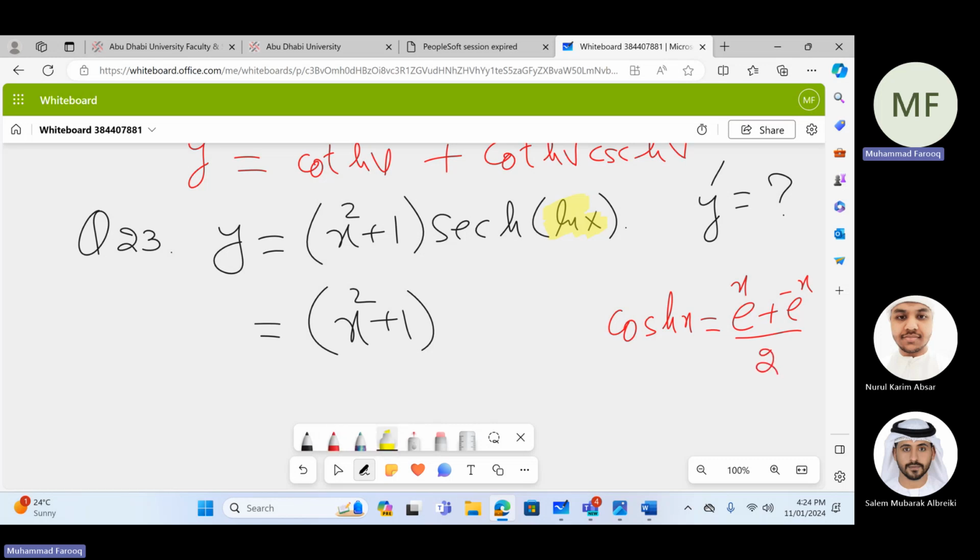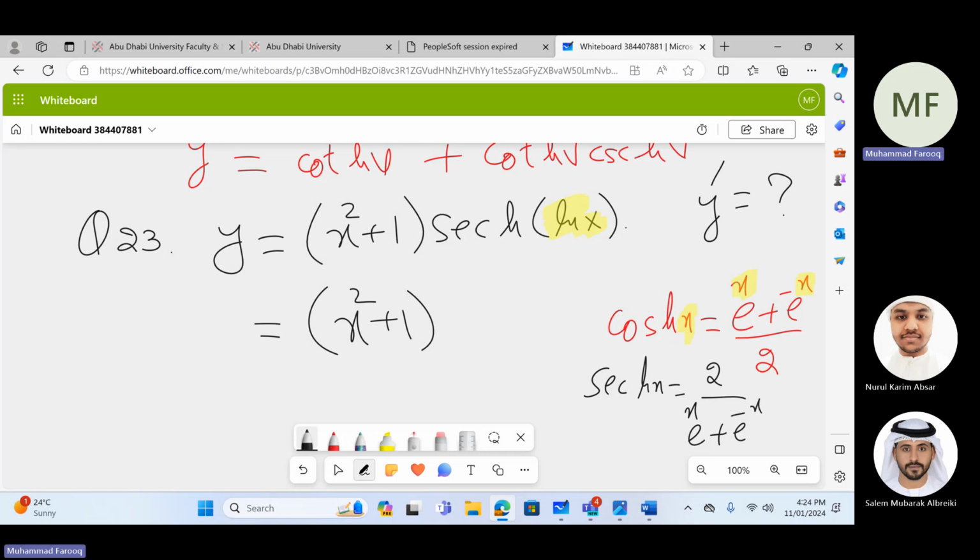I need secant, so secant hyperbolic x is the reciprocal: 2 over e power x plus e power negative x.